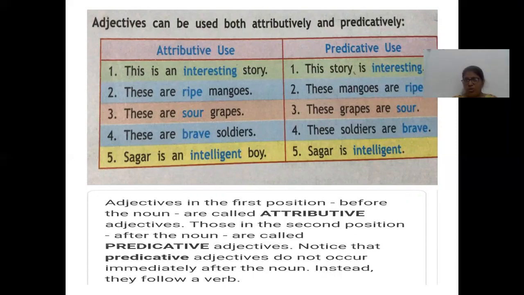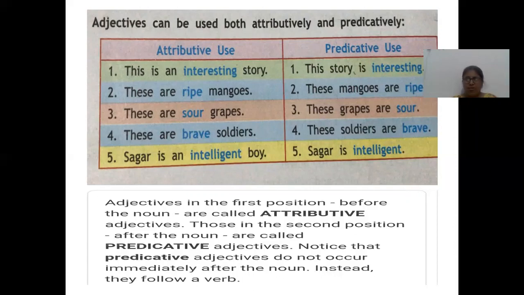So, before noun is attributive, after noun is predicative. Now, predicative adjectives do not occur immediately, means they do not come at once after the noun. Instead, they follow a verb. They follow a verb and then they are placed in the sentence.